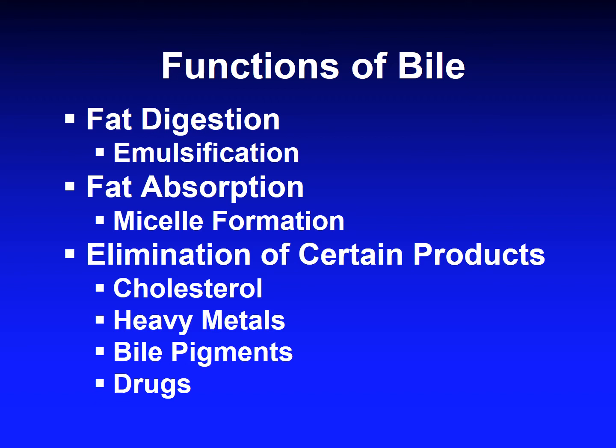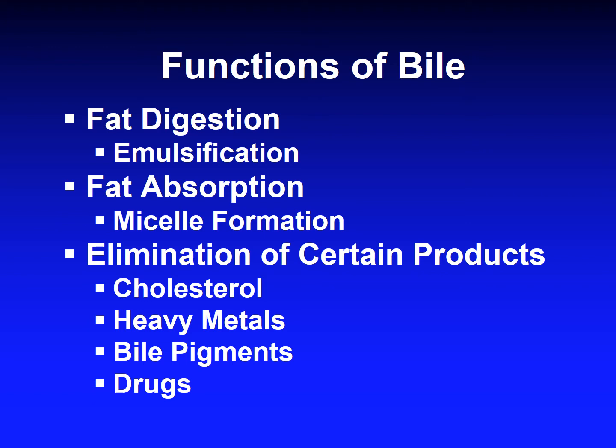This absorption process is called micelle formation. So the digestion process is called emulsification. The fat absorption process is called micelle formation. And also bile is important for elimination of certain products, cholesterol, heavy metals, toxic materials, bile pigments, etc., drugs also, and things like that.